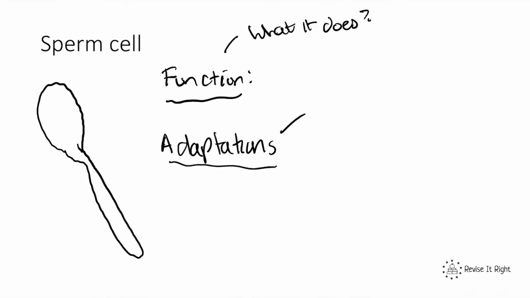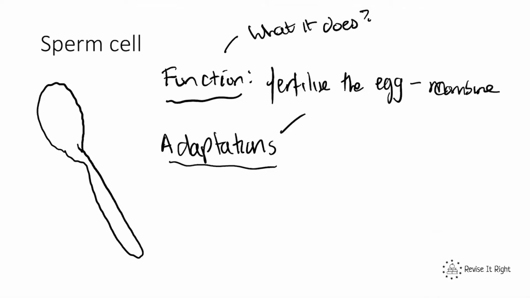So we know hopefully that the function of the sperm is to fertilise the egg. We can take that even deeper to say that actually it's to mix or combine the male DNA to the female DNA.